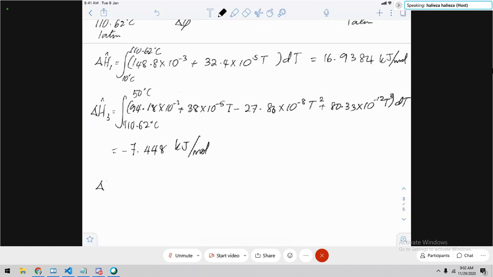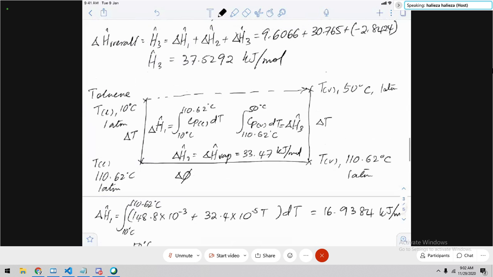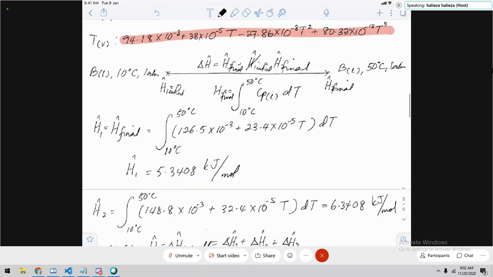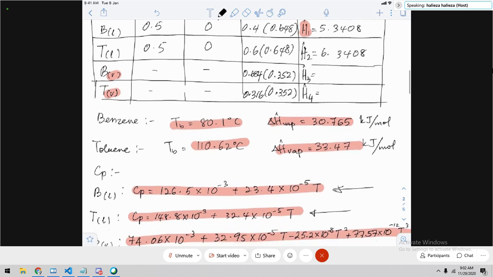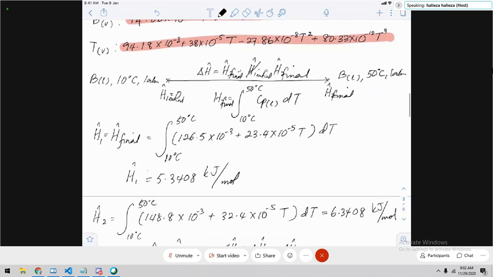So now let's write down our overall. Okay, let me undo that. I want to look at the table first. What symbol did I give for that enthalpy? Now H3 just now, I did not write it down. What did I get for H3?